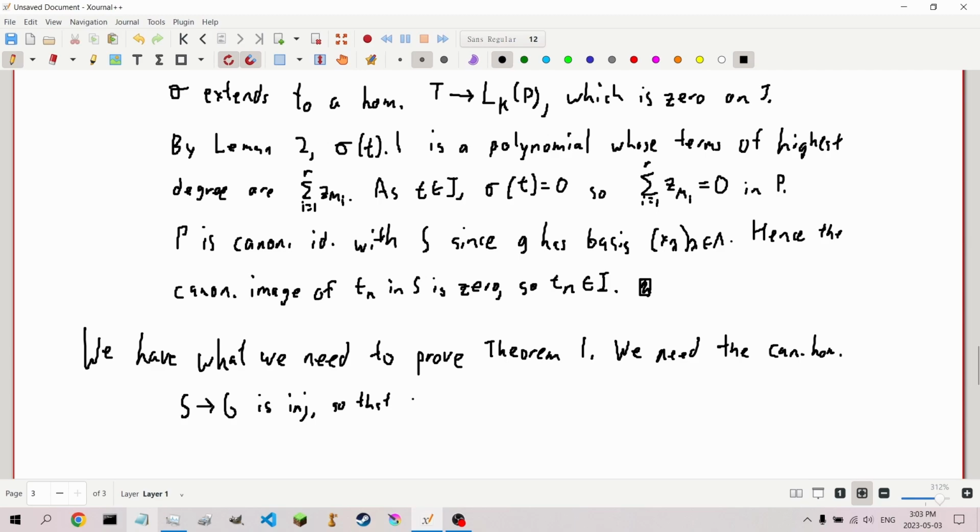That if we have a T, a tensor of M, and C from T onto U is the canonical homomorphism, as it always is.